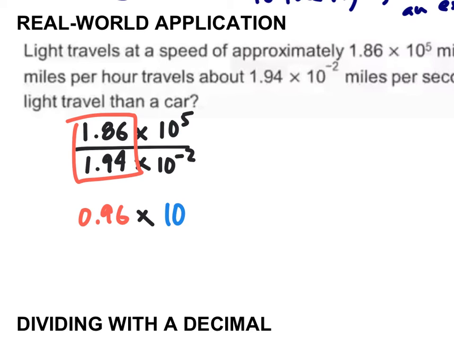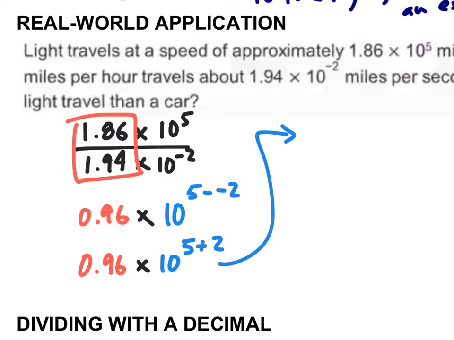So I'm going to have 10 to the 5 minus negative 2 power. This is going to give me 0.96 times 10 to the 5 plus 2 power, which is then 0.96 times 10 to the 7th power.